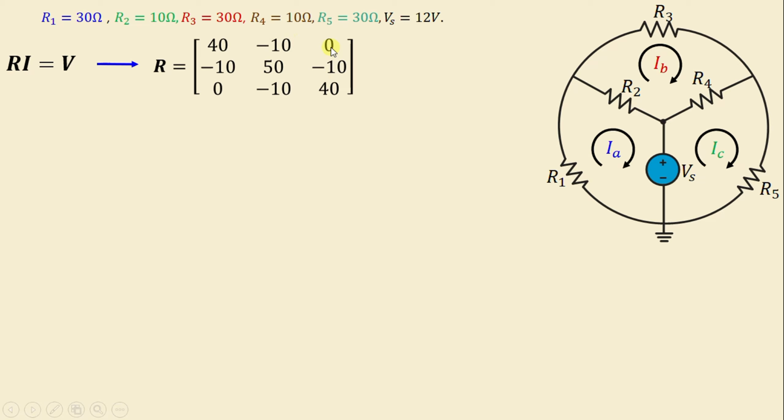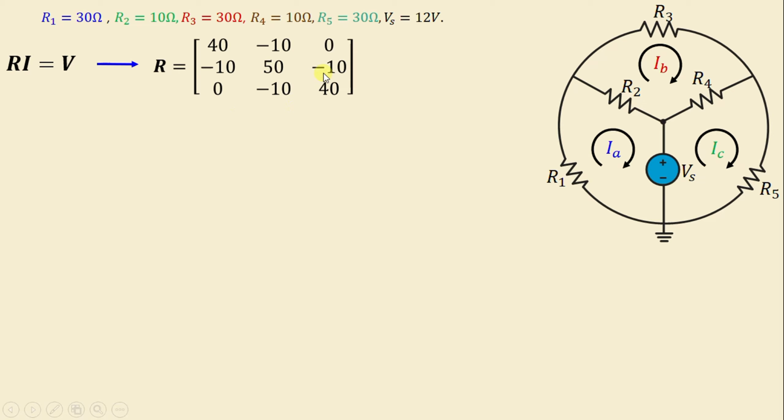Now R13 and R31 are the negative of the sum of the resistances in common with mesh 1 and 3. There is no common resistance between mesh 1 and mesh 3. That's why we have 0 here and 0 here.